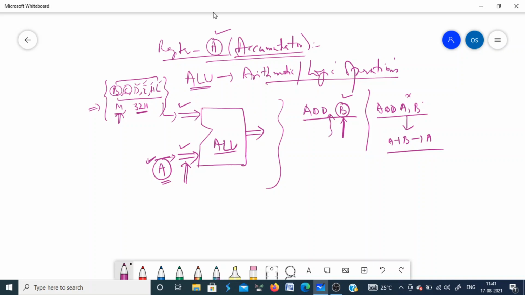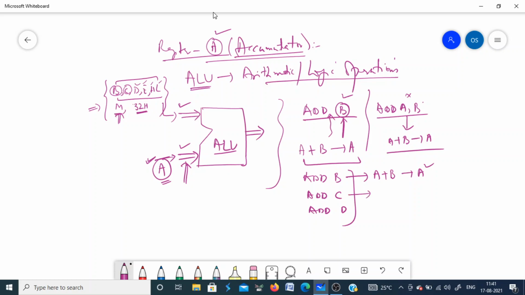So this instruction will add the contents of register A with register B, and the data is finally stored in register A. The sum of A and B goes to A. If you have a sequence of instructions, ADD B, then ADD C, then ADD D, what will happen? The first instruction will sum the contents of A and B, and the output is stored in A.